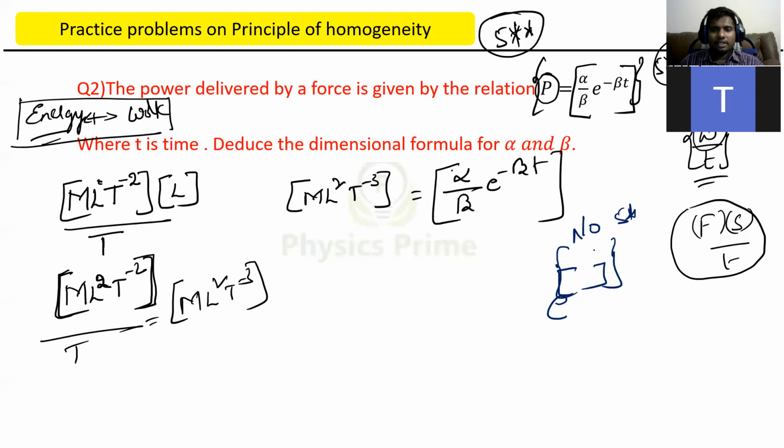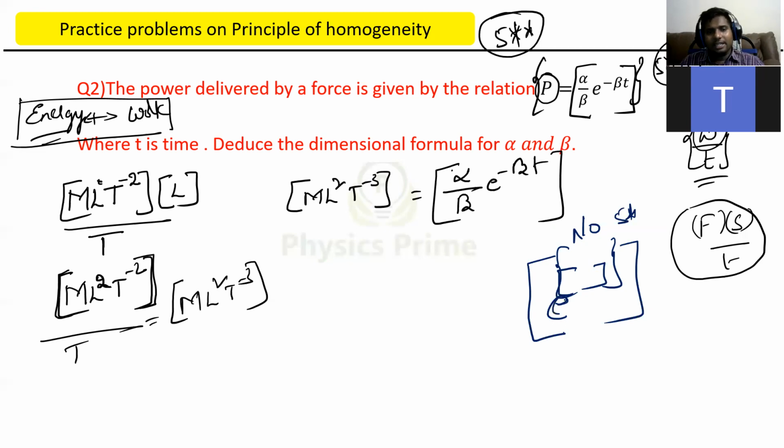Whatever term is in the e power, that will not have any dimension. So then this entire term also will not have any dimension. E power should be a number, and then e power that number should again be a number. That means it does not have any dimensions.